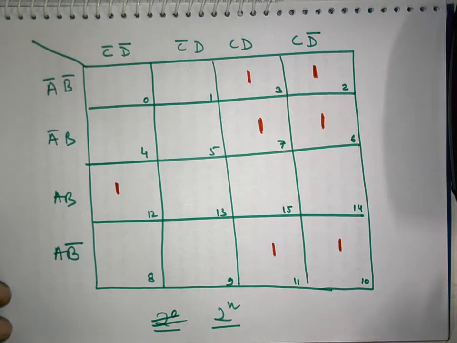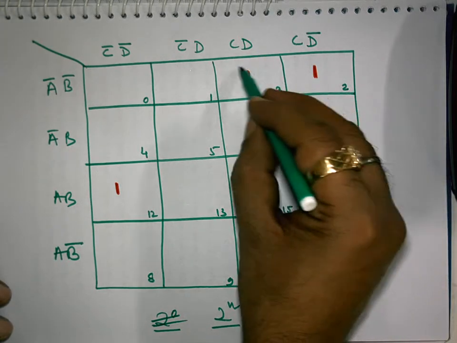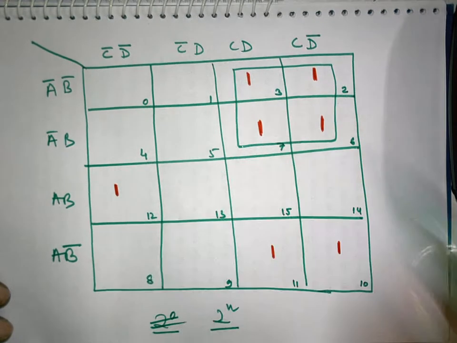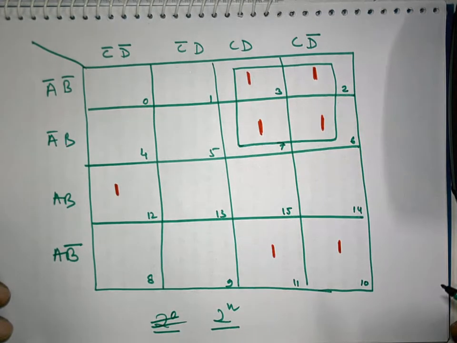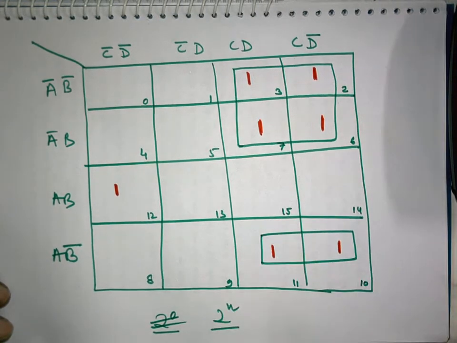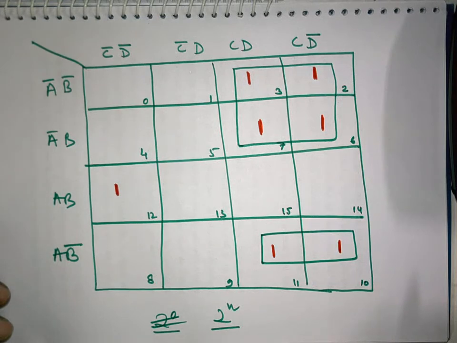If I observe, we can form the group of these 4 ones, and we can loop them. We can form the group of these 2 ones, and we can loop them.